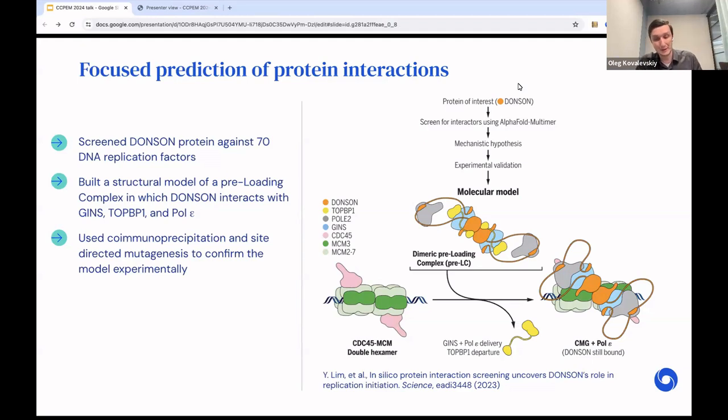Based on the most confidently predicted complexes, they were able to build up a structural model of a preloading complex, and experimental evidence for the model was then obtained from co-immunoprecipitation and site-directed mutagenesis. These examples illustrate how multimeric structure prediction can shed light on protein-protein interactions, both through large-scale screens and more targeted structure modeling.